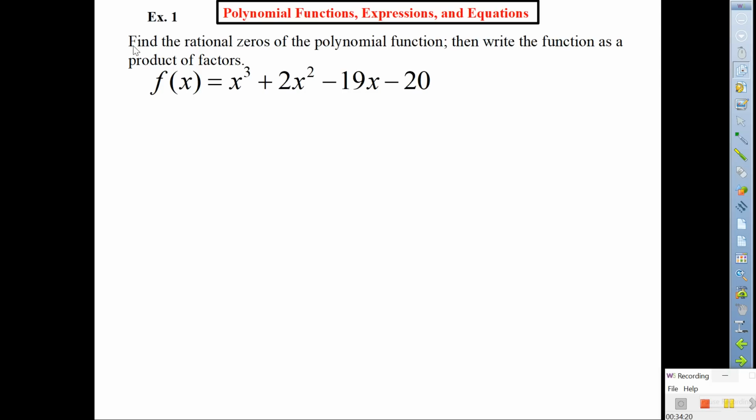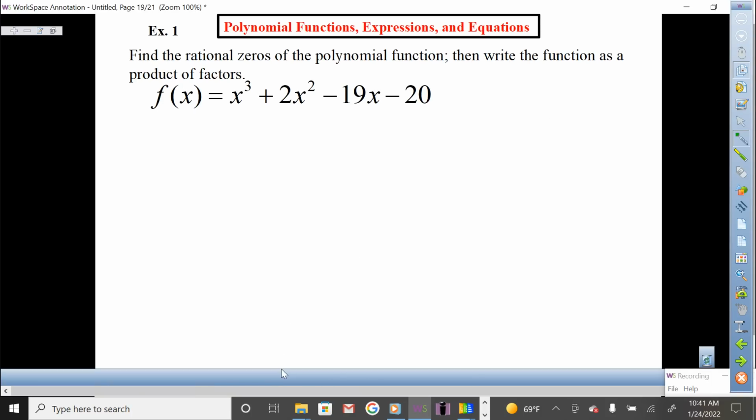All right, the instructions read, find the rational zeros of the polynomial function, then write the function as a product of factors. And they give us our polynomial function, f of x equals x cubed plus 2x squared minus 19x minus 20. So the first things first, let's write our fraction.